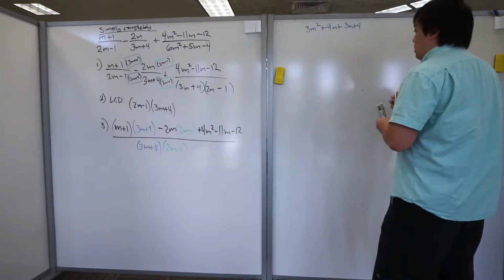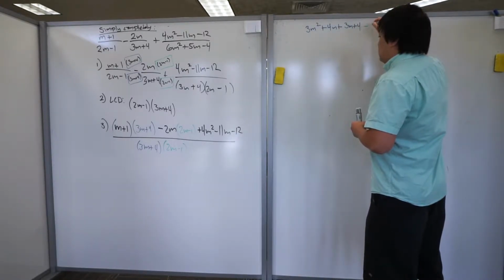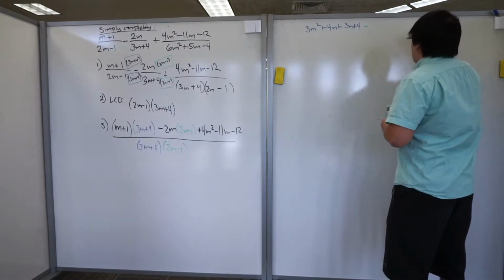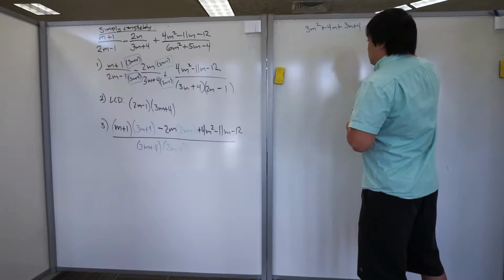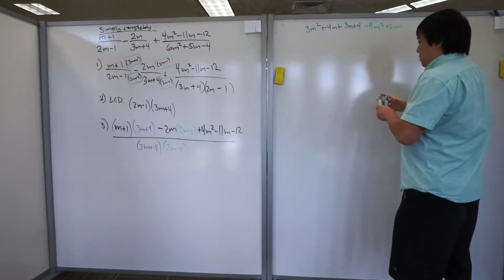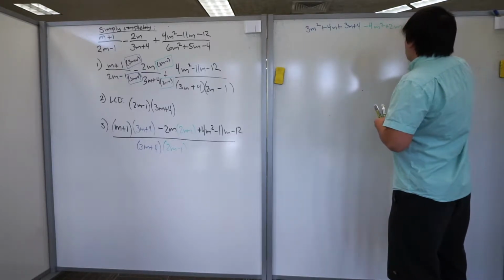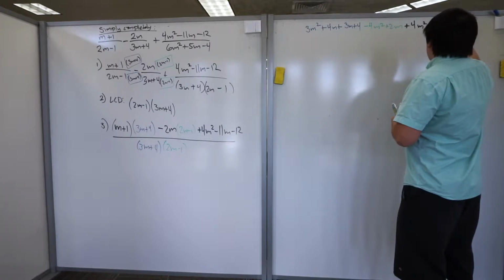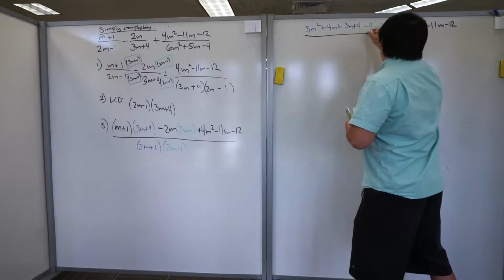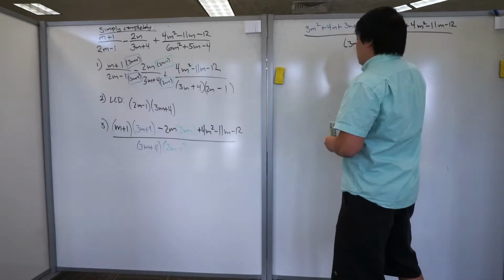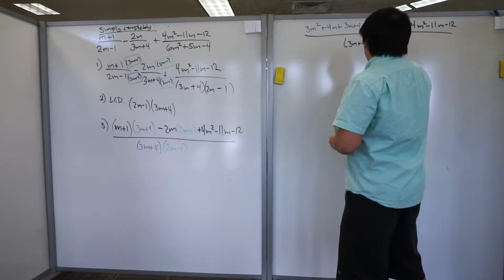The green part is going to be minus 4m squared plus 2m. And then the black part I'll keep the same. This entire thing is going to be divided by 3m plus 4, 2m minus 1.